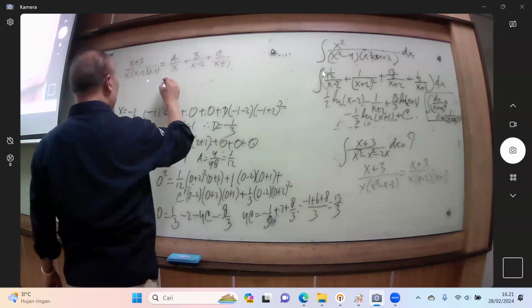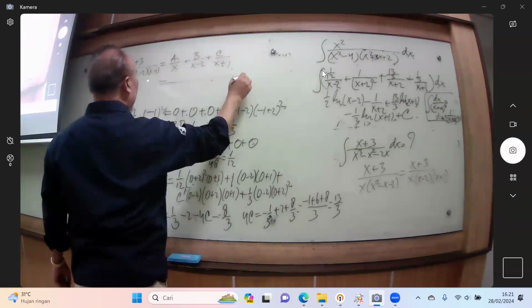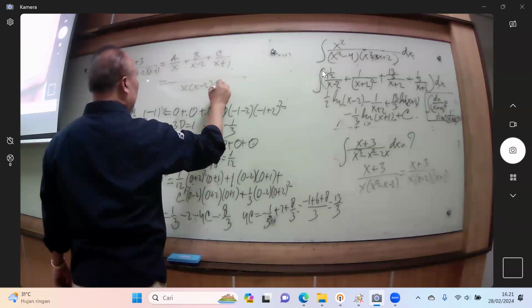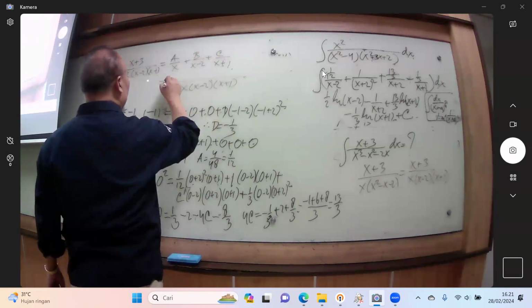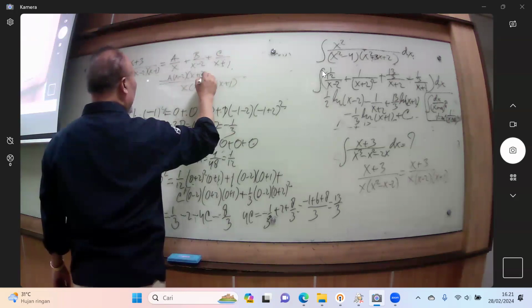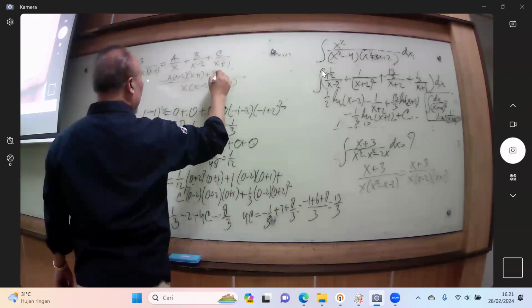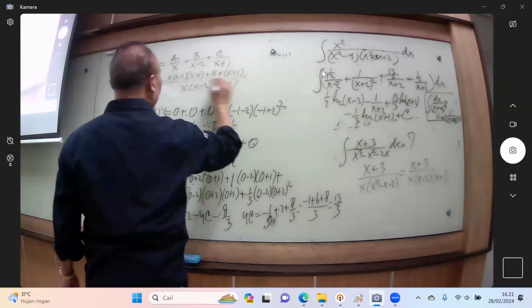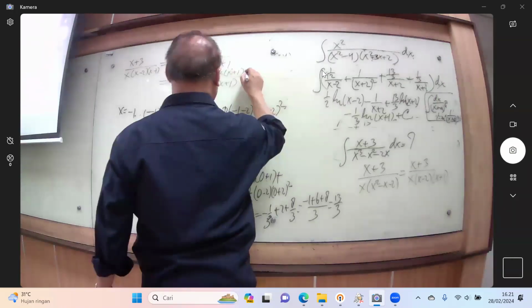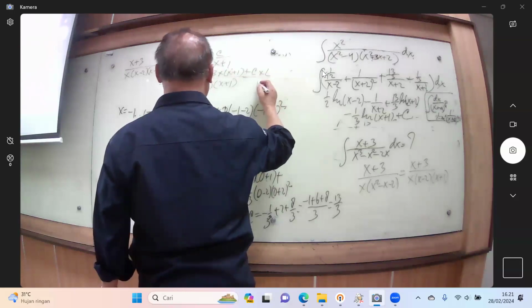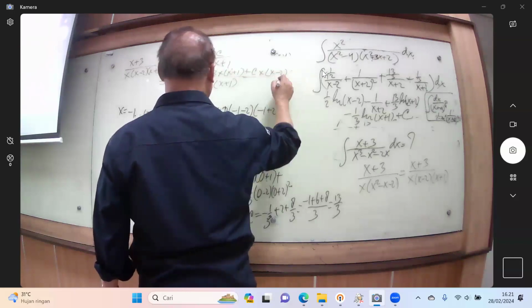So we equalize the denominator, x minus 2 times x plus 1. So it becomes a multiplied by x minus 2 times x plus 1, plus b multiplied by x plus 1, because only have x minus 2, plus c x multiplied by x minus 2.